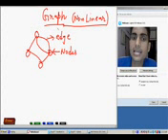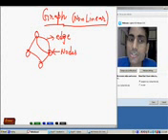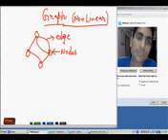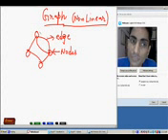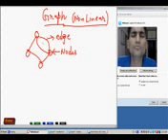So a graph is some arrangement like this one, where these vertices are known as nodes, and a connection between two vertices is called an edge.